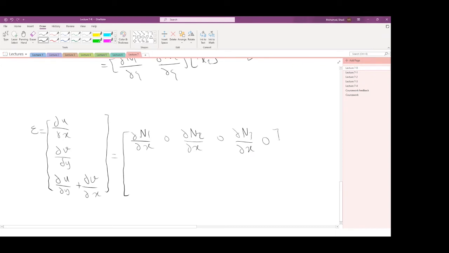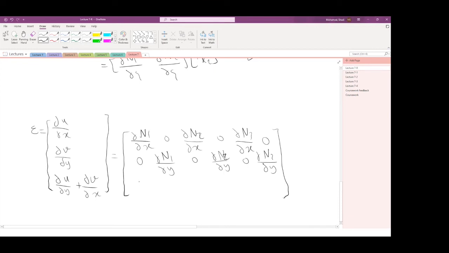So this is the first row, and then I have, sorry, this is meant to be 0. n1 with respect to y, 0, n2 with respect to y, 0, and n3 with respect to y.